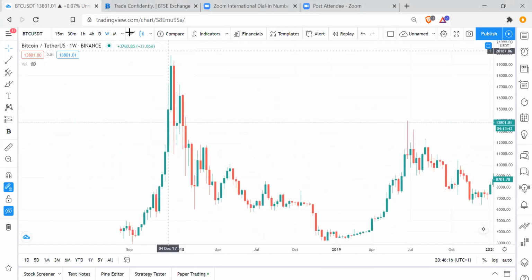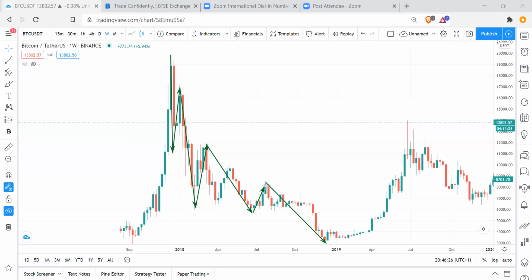So low, lower high, lower low, lower high, lower low, lower high, lower low. What was the previous notable lower high over here? What is our low? Let me just write it there so it will be a lot easier. This is our notable lower high. This is our lower low, right?